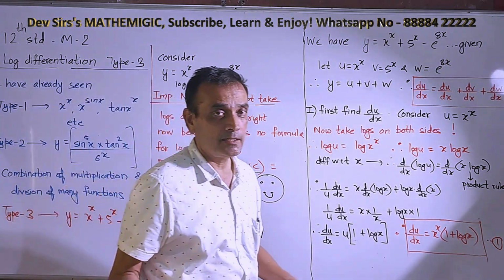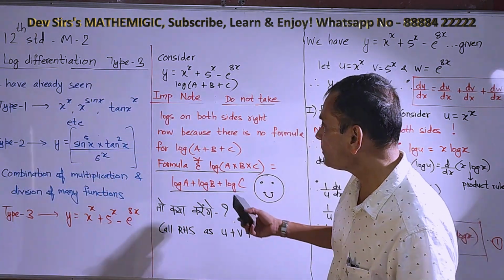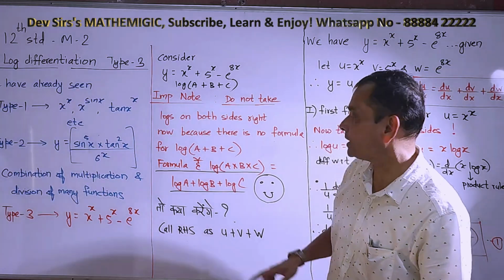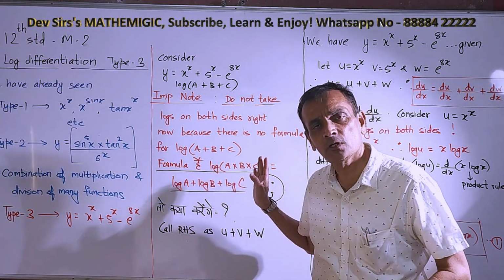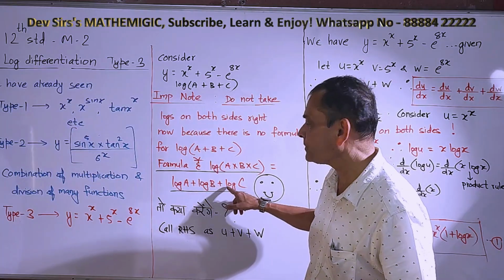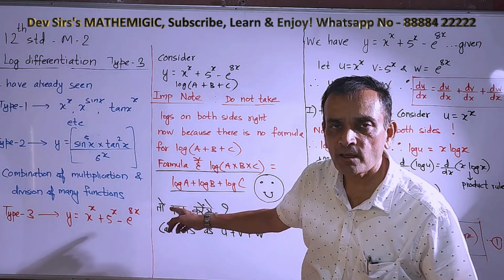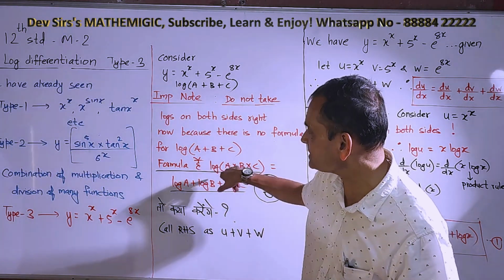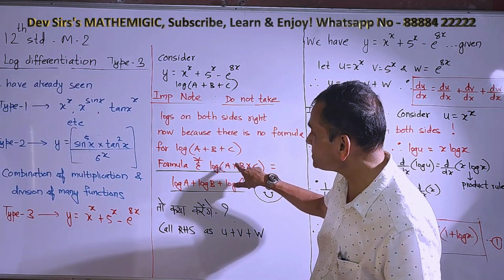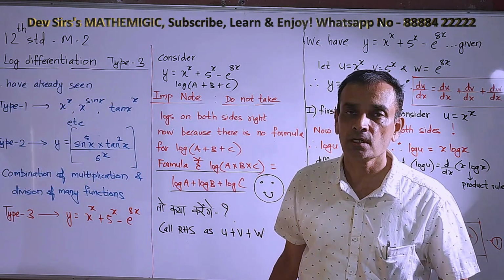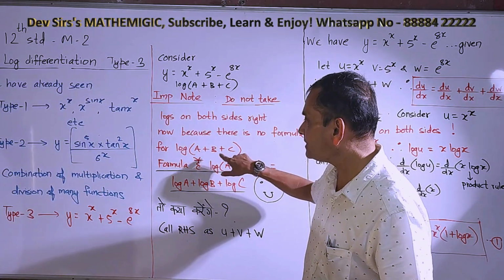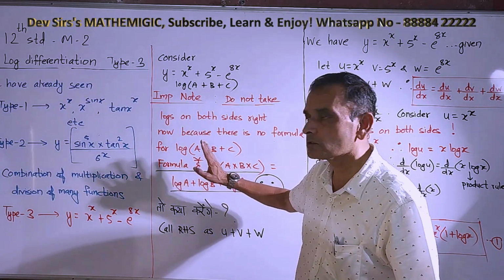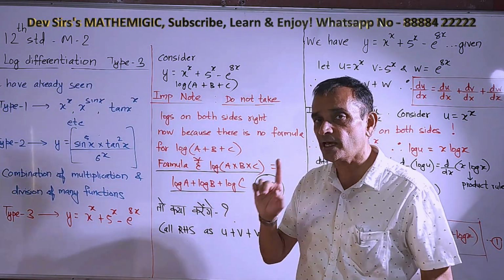फॉर्मूला क्या है? कल का फॉर्मूला है log a into b into c. अगर मल्टीप्लिकेशन है तो it becomes log a plus log b plus log c, or log a plus log b plus log c can be written as log of a into b into c. Multiplication gets converted into addition like this. ब्रैकेट के अंदर अगर प्लस है, you can't do anything. ध्यान में रखो फॉर्मूला.